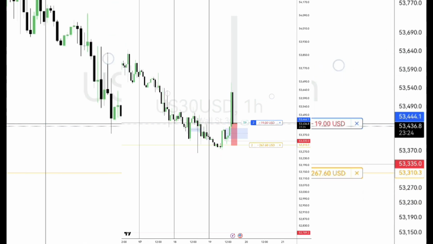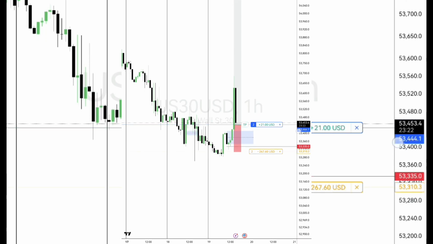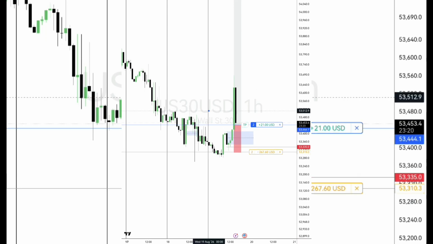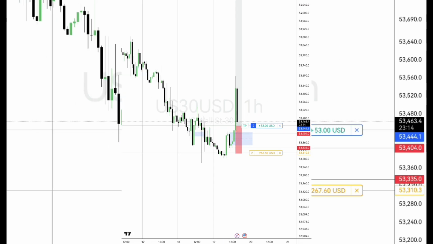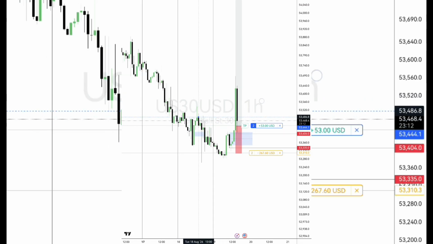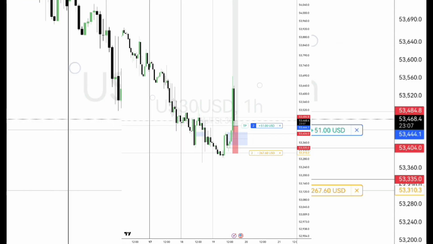We've got multiple market structure shifts. You've got a market structure shift right here, price closing above this. That's a market structure shift, a beautiful one over there. You've got a market structure shift, price closing above these highs here. That's a market structure shift, a beautiful one.